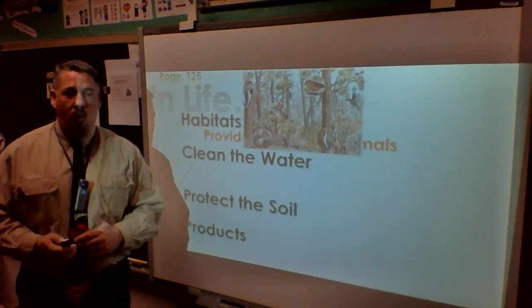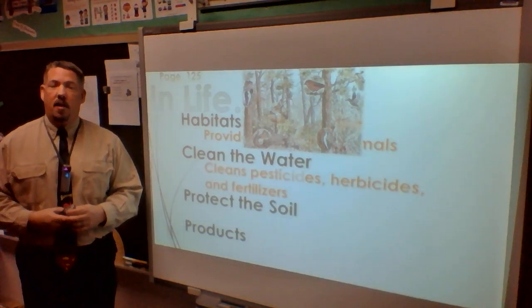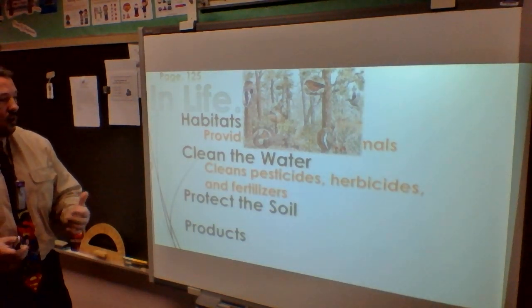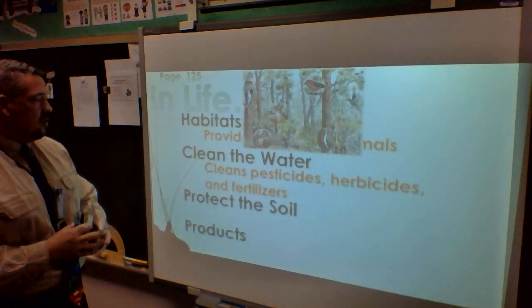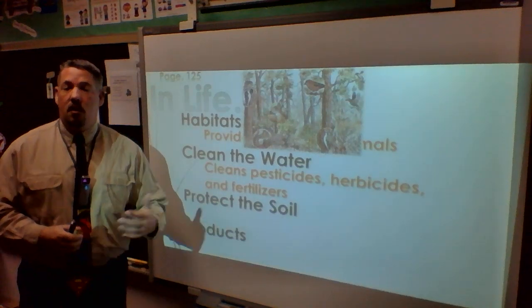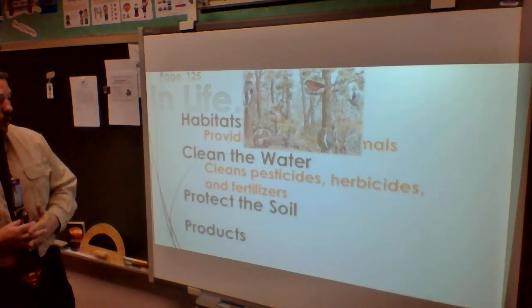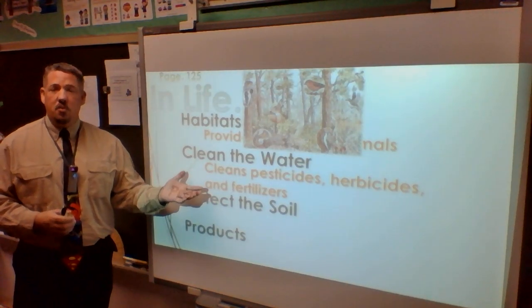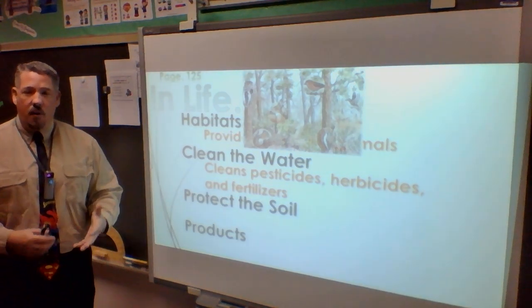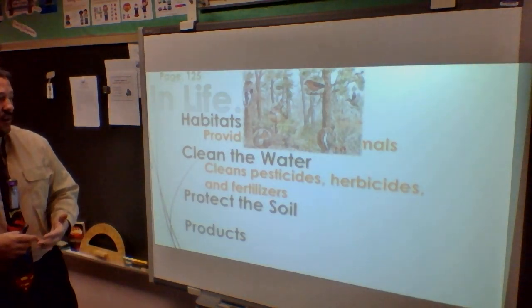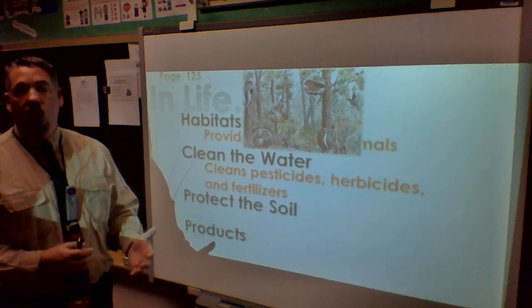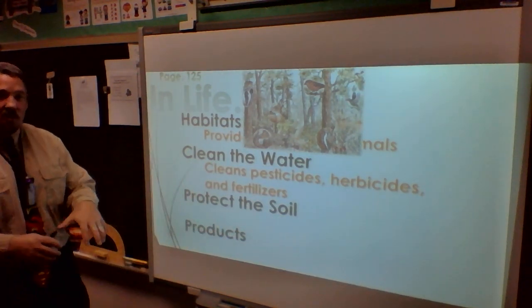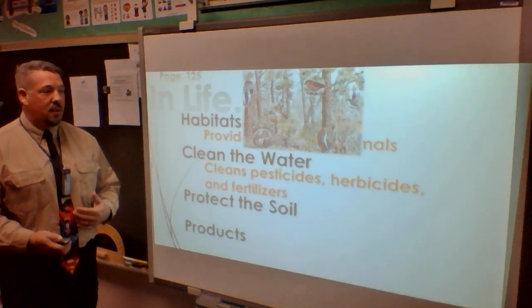The idea of cleaning water is absolutely vital on our planet, seeing that most of our water we can't use because of all the things that are in it, biggest one being salt. Plants will clean that salt naturally out of water for us, or because we have pollutions out there in our world, we have pesticides and herbicides and fertilizers all around us at all times. If we didn't have plants to clean the water, then they would just be inside of our water, and then we would end up getting sick.